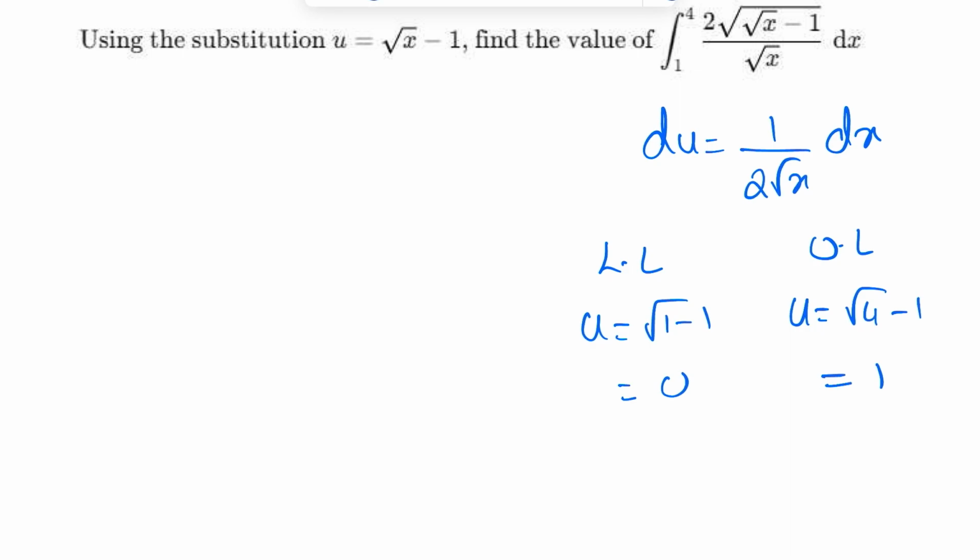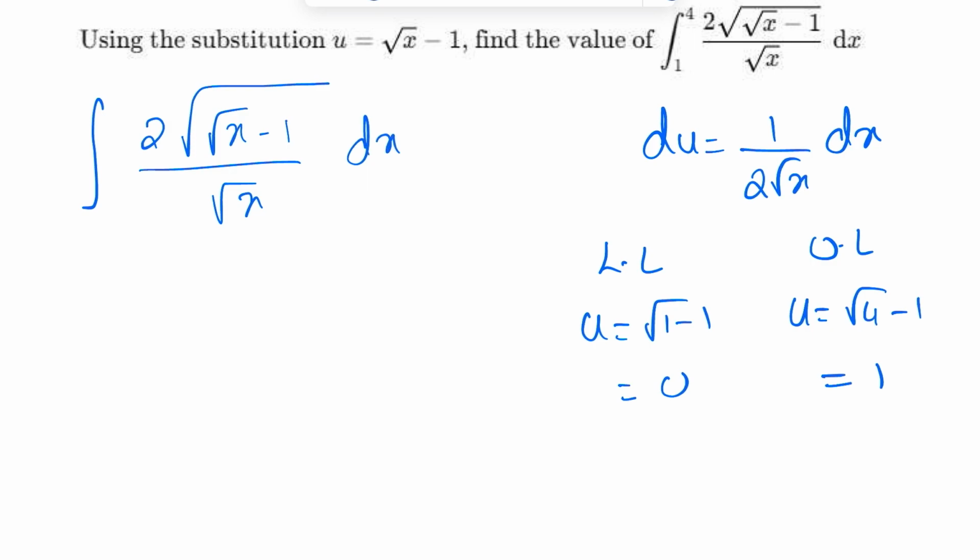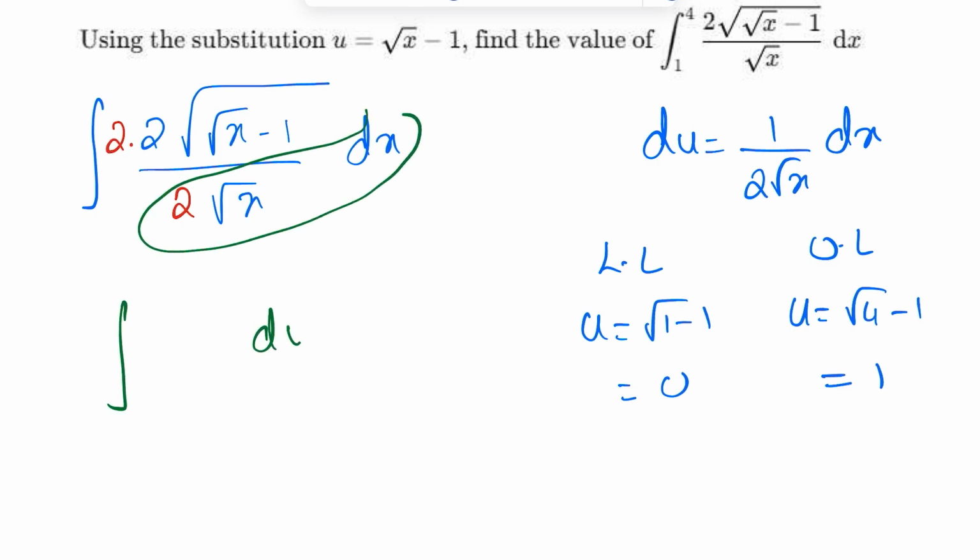The question was 2 times the square root of root x minus 1 upon square root x dx. Now I have 2 root x, so multiply and divide by 2. So dx upon 2 root x becomes du. And it becomes 4 square root of u. And the limits are 0 to 1.